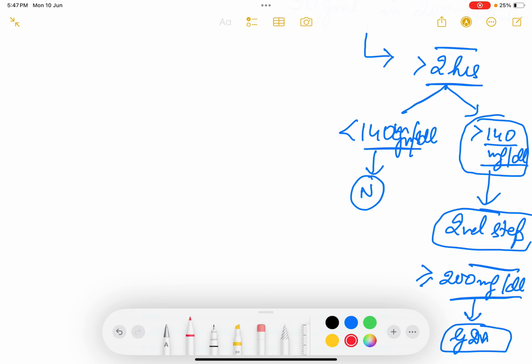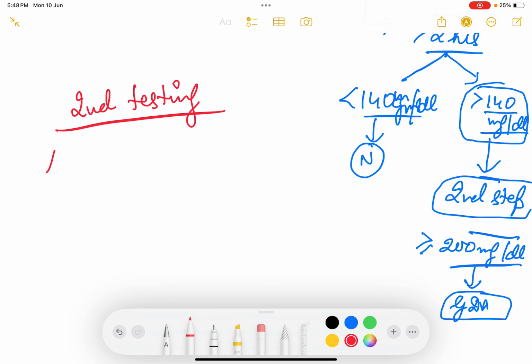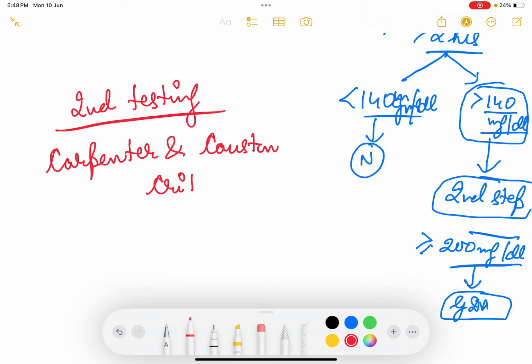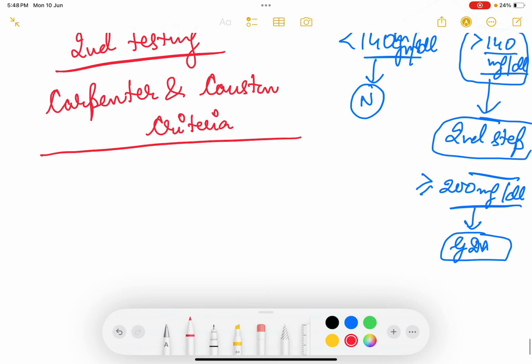Now what do we do in the second testing? We call the patient after 2 to 3 days, and this second testing is called the Carpenter and Coustan method of testing. Carpenter and Coustan criteria is done in patients who have 140 to 200 in the first step.